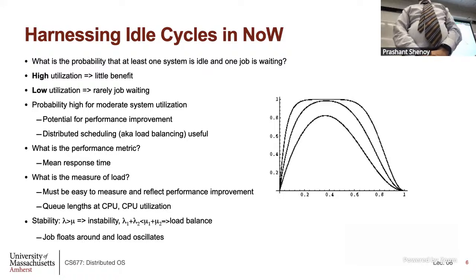Then you say, what's now the benefit of distributed scheduling? In this case, the OS has no need to find another machine to run. There are many machines that are idle, but there's no job that you will find that needs to run on them because it can run locally, which is always the best choice, right? Because your load is low, so you just run it locally. There's no need to go find another machine.